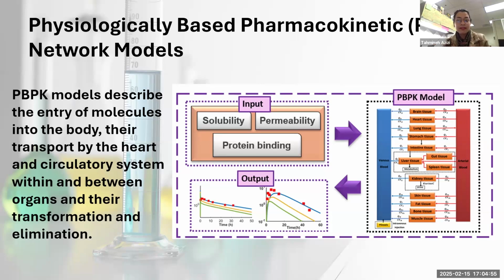We consider all of these factors when doing PBPK modeling.